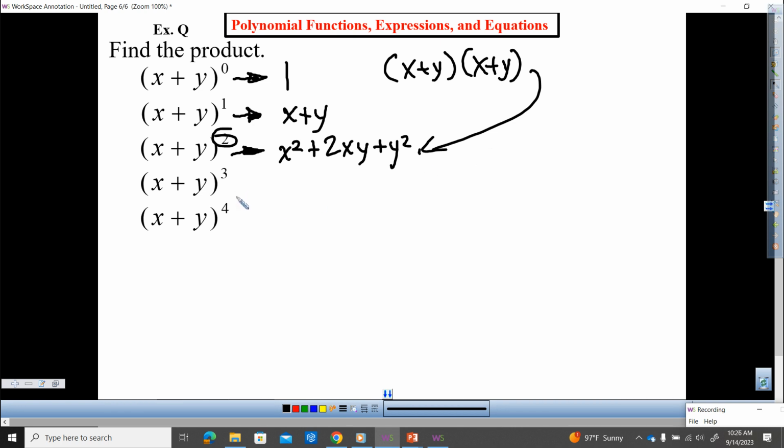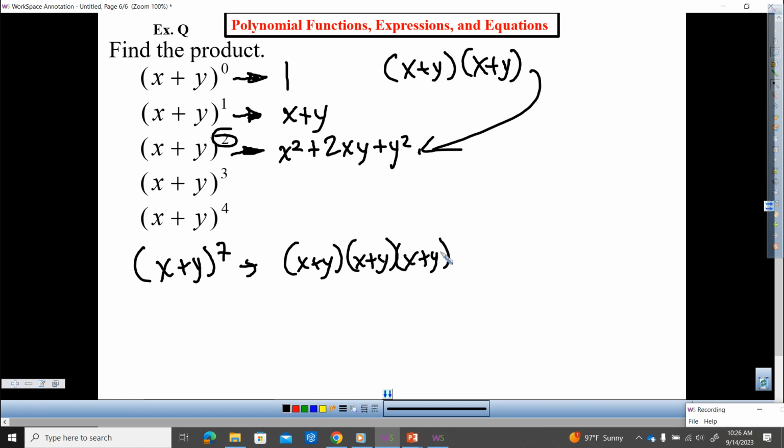But then it starts getting a little intricate. What if I said x plus y to the 7th power? You're like, what? What does that mean? It means x plus y times x plus y times x plus y times x plus y times x plus y times x plus y, 2, 4, 6, and one more, times x plus y.